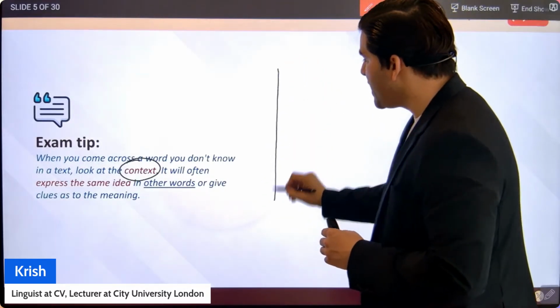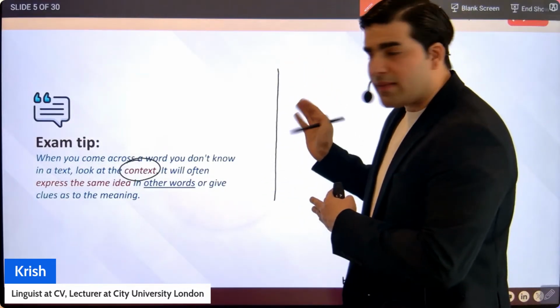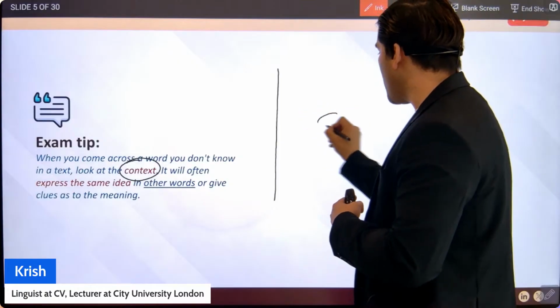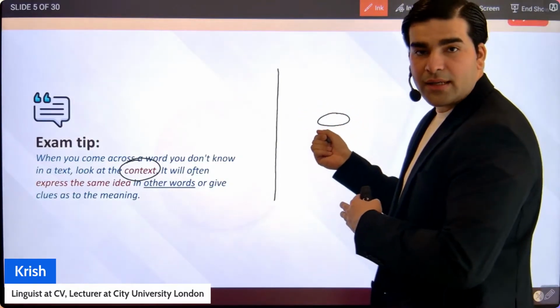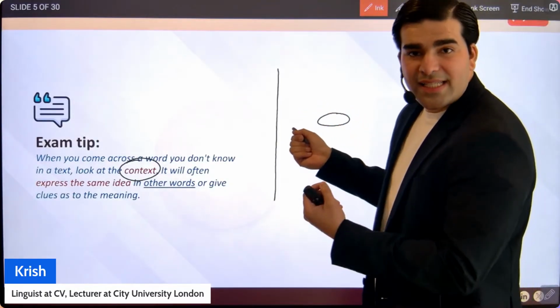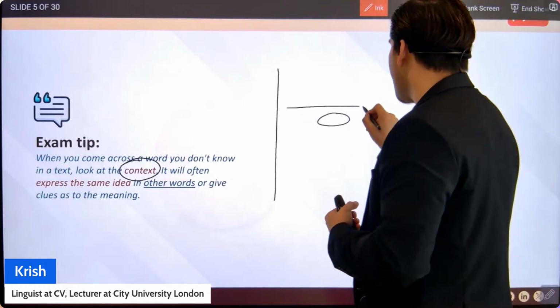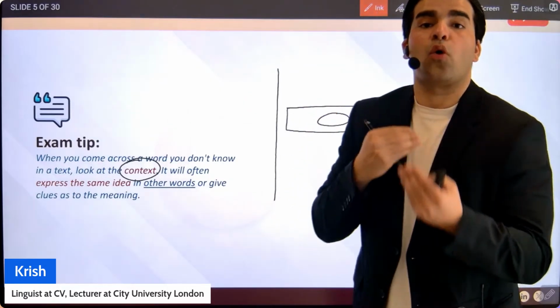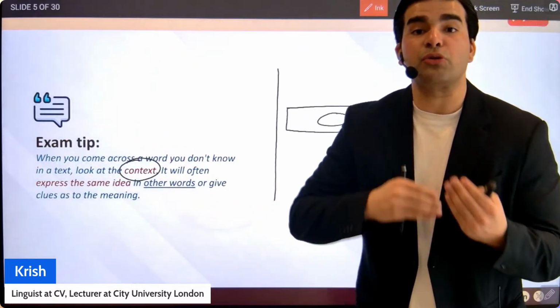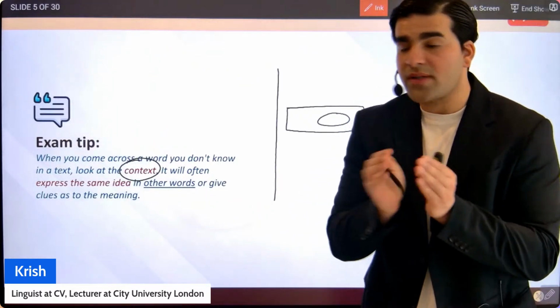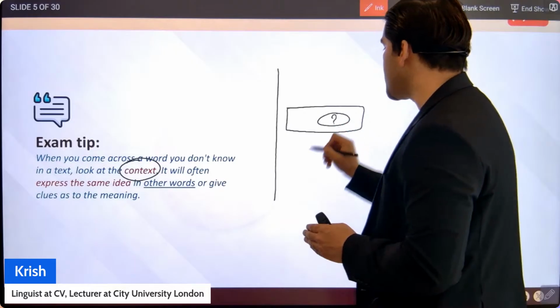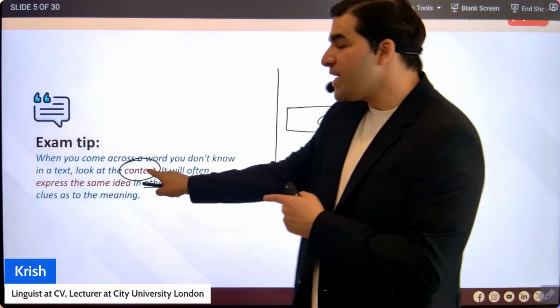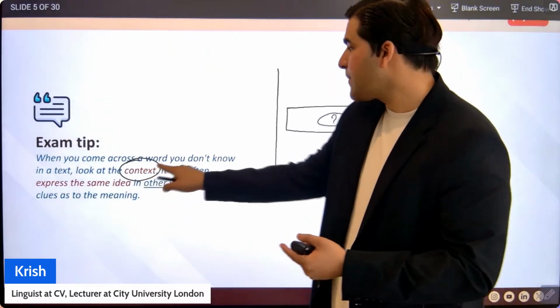Imagine you are reading a passage, and suddenly you find one word that you do not understand. Context means try to read that sentence where that word is one more time in order to guess, in order to infer what the meaning of this word could be. That's called reading through the context.